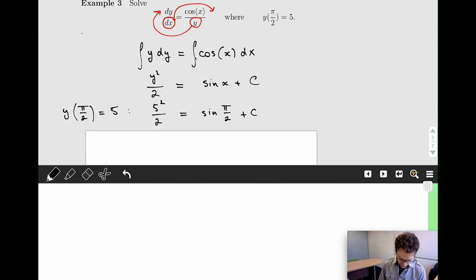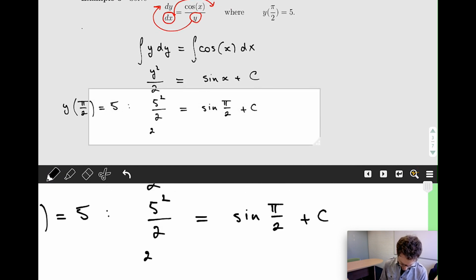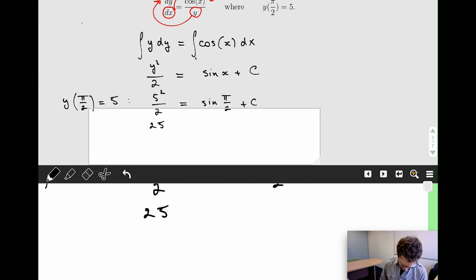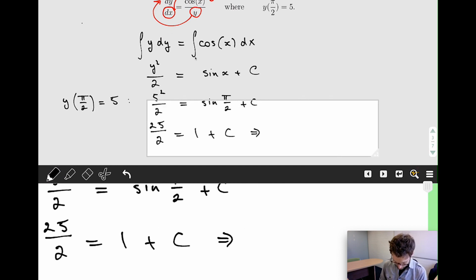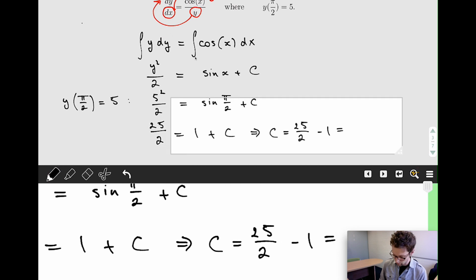This is a single equation now for c, so I get 25 over 2 is equal to 1 plus c, which gives me that c is equal to 25 over 2 minus 1, which is equal to 23 over 2.